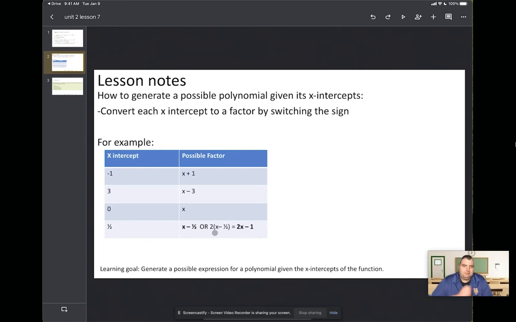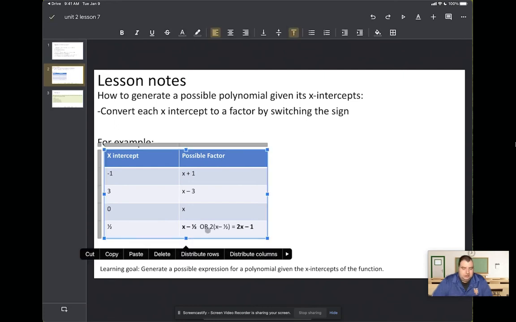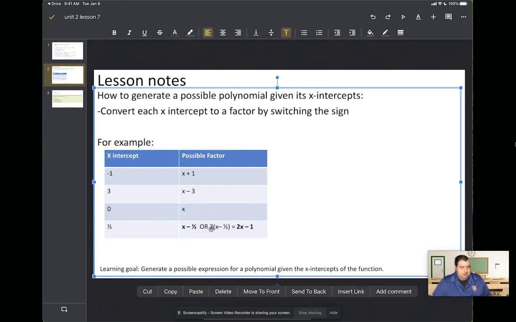But what we really want to do is write our factors without fractions. So if you end up with a fraction like this, all you're going to do is take the denominator. In this case, the denominator is 2 because 1/2. And you're going to multiply both terms of the corresponding factor by that denominator.